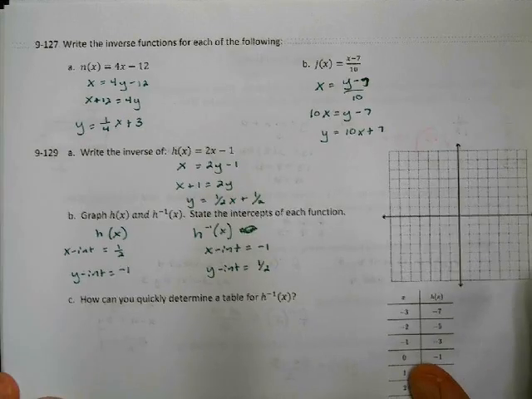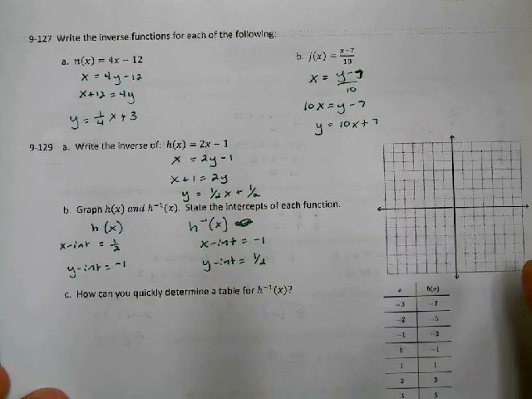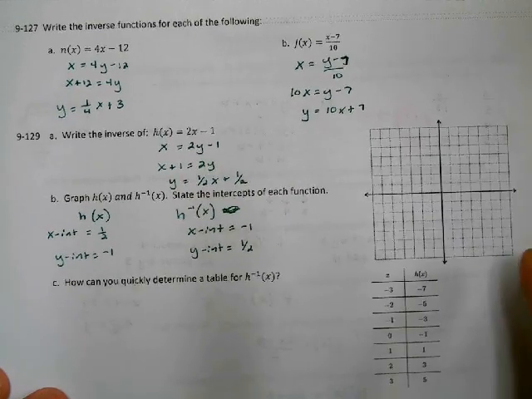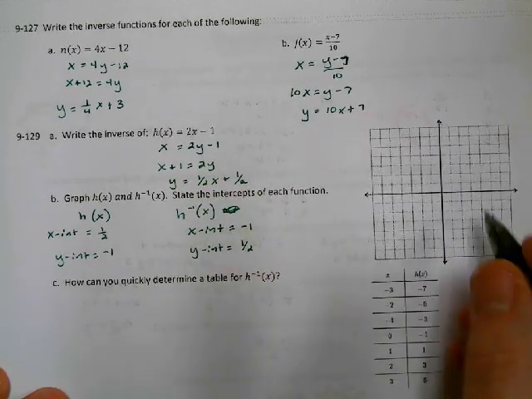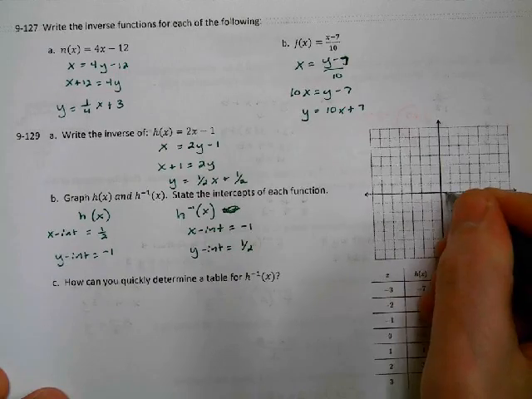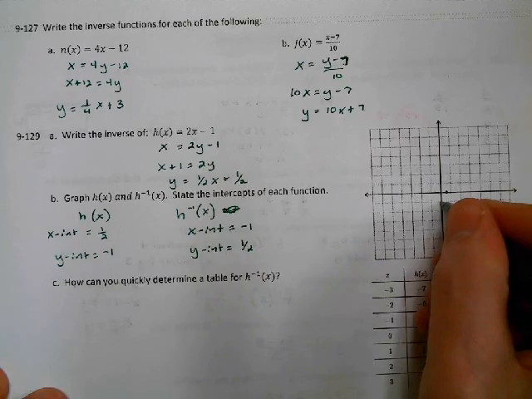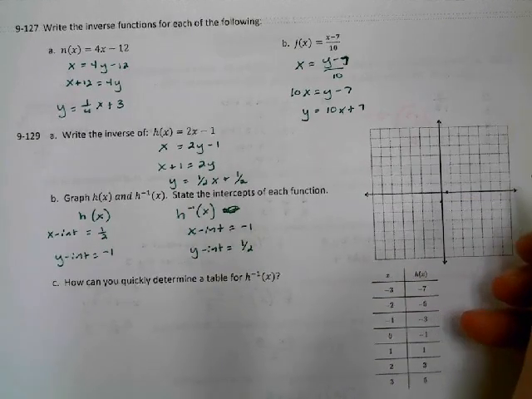All right. How can you quickly determine a table? Oh, we're supposed to graph it. So h of x has an x-intercept of 1/2, has a y-intercept of -1. There's our function.